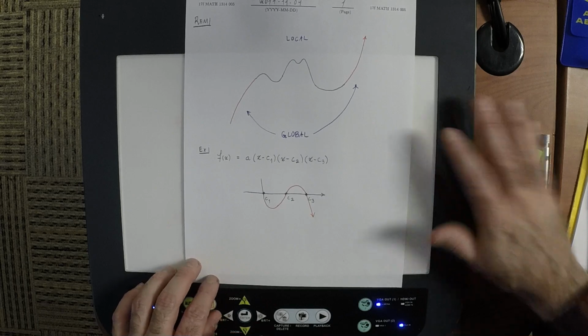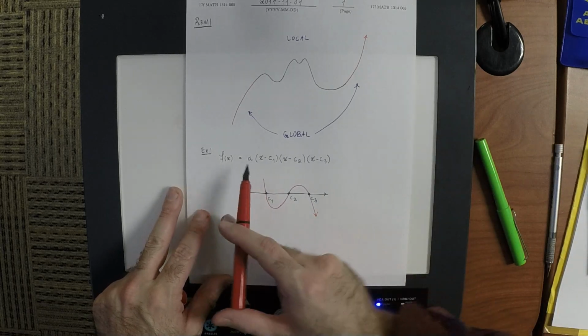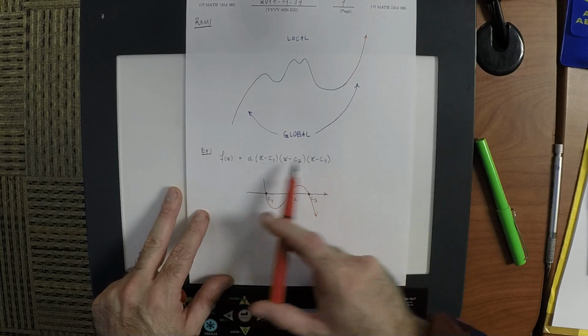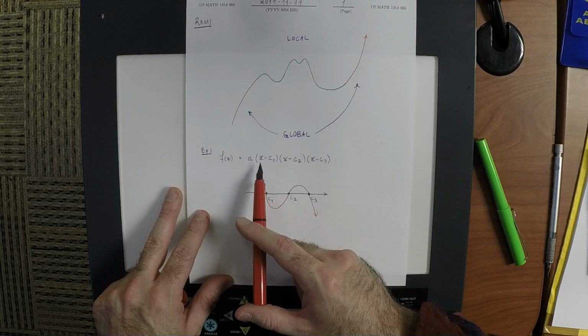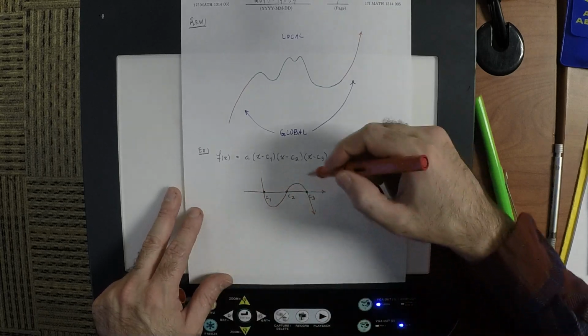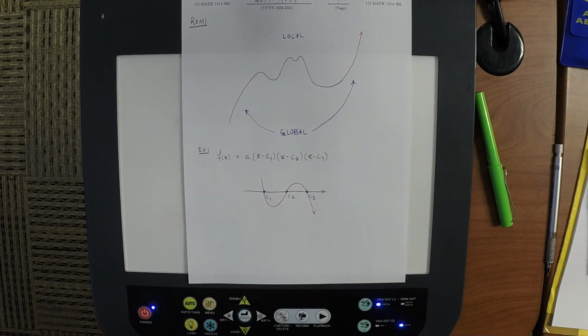Negative, because a is the leading coefficient. If you multiply all these factors out and collect like terms, it would be a x cubed. And since the right side is going down, a must be negative.